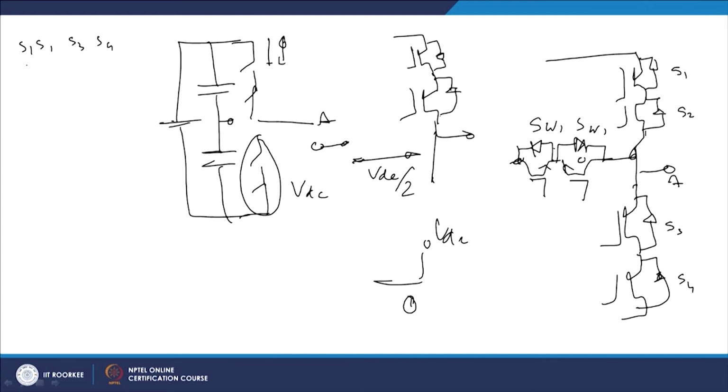So, S1, S2 should be 1 and S3, S4 should be 0. So, you will connect it to the positive DC bus voltage.